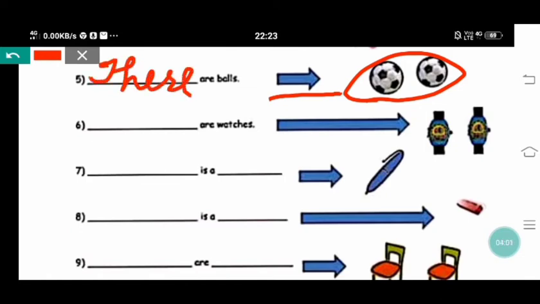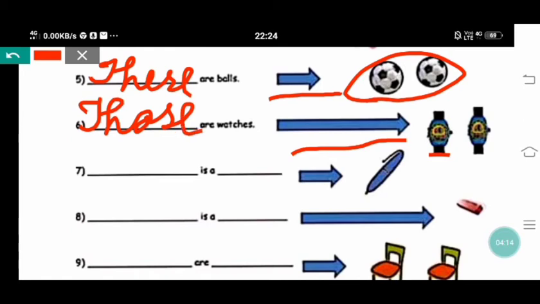These are balls. Now you look here, arrow is long and watch is in plural form, so those are watches.